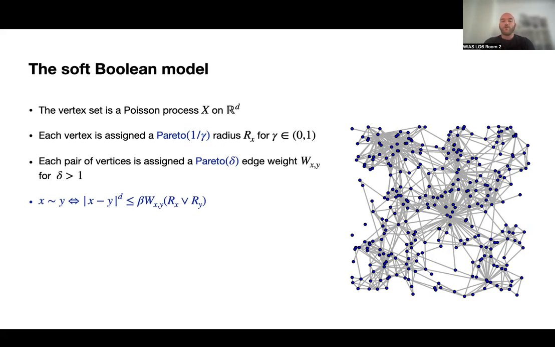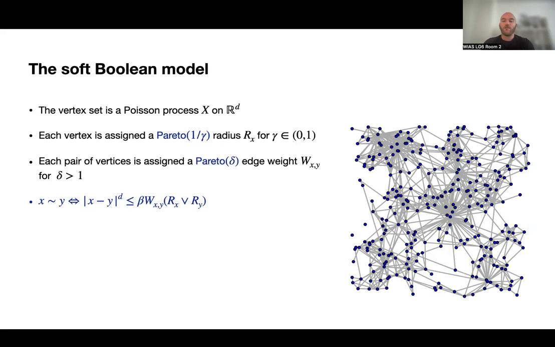Given the Poisson process, the radii, and the edge weights, we then connect each pair of vertices precisely if the distance to the power d is smaller than some edge intensity parameter beta times the edge weight times the larger of the two radii. So it's easy to see that beta is indeed an edge intensity.